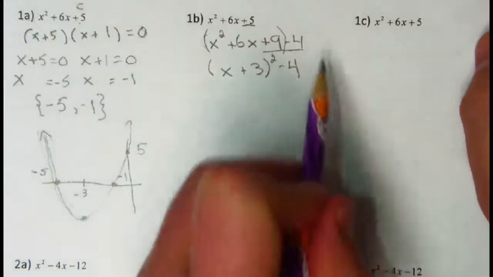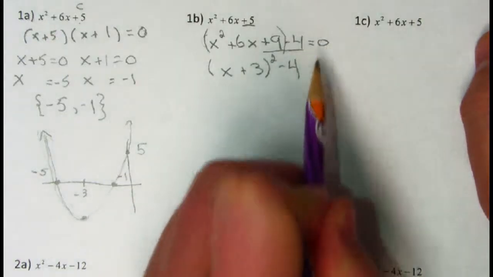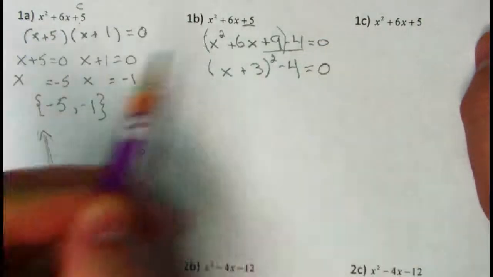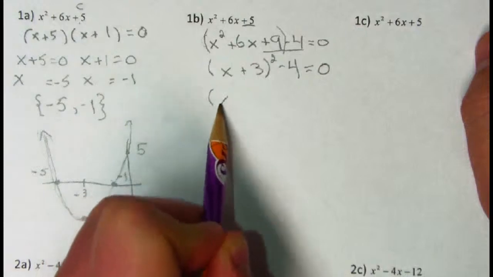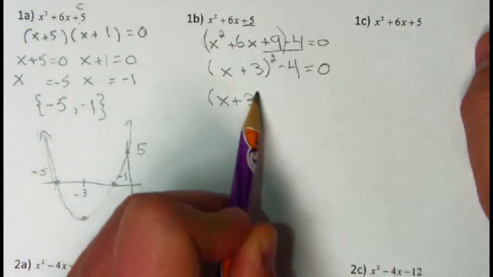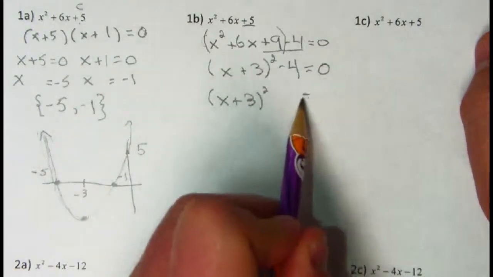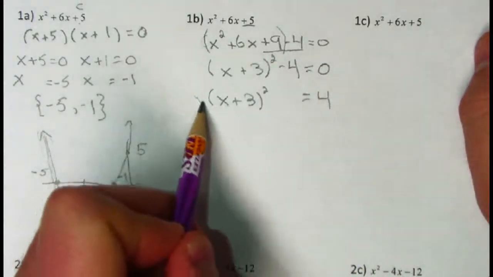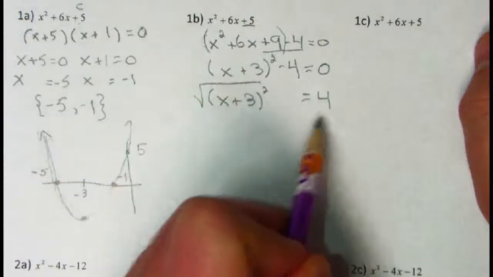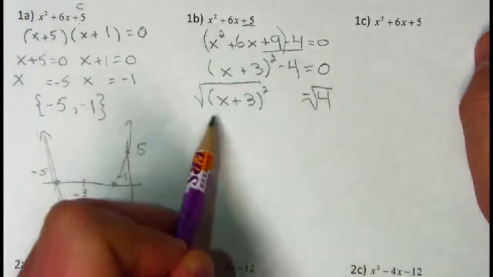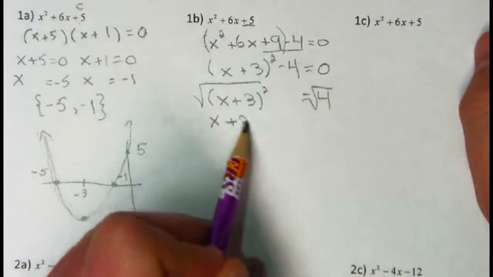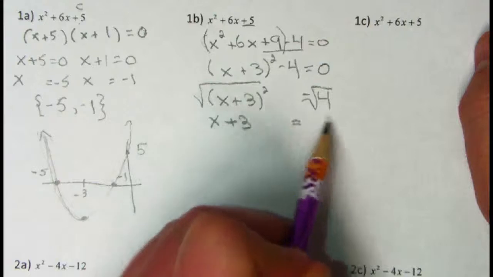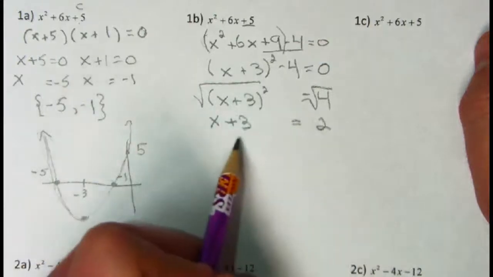Let's solve this now. Verify we get the same answers. Add 4 to both sides. Divide both sides. Square root both sides. Okay, but remember we get two answers.